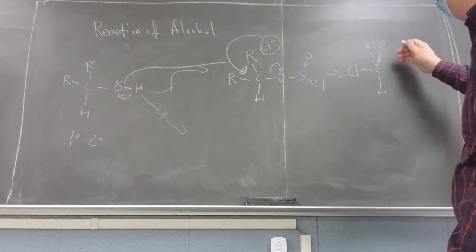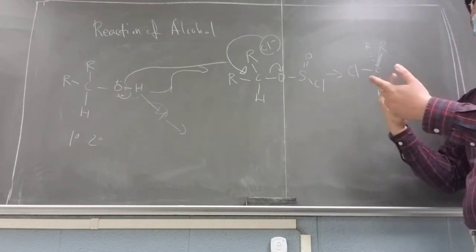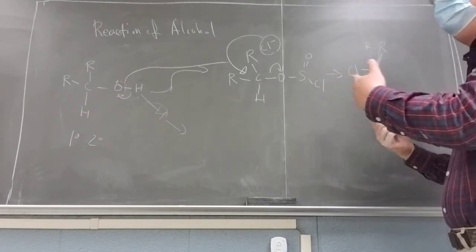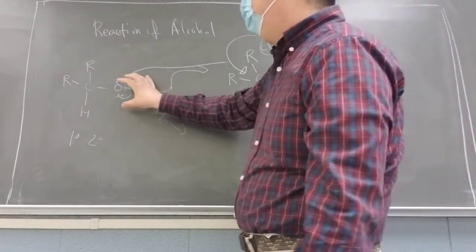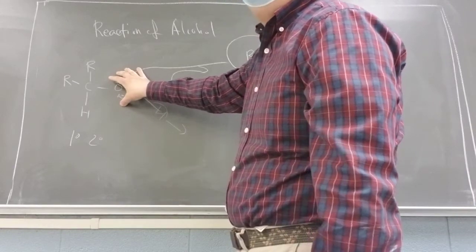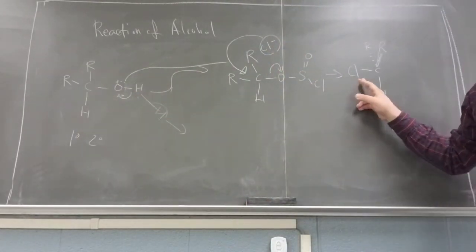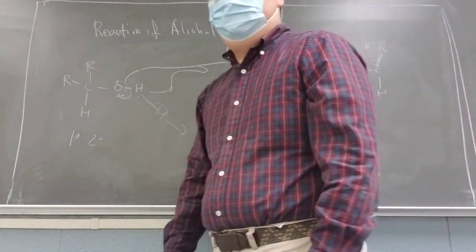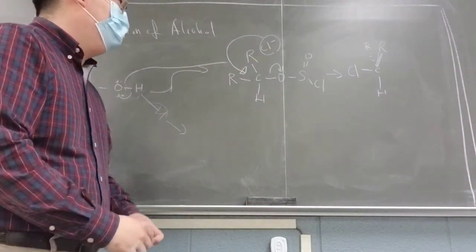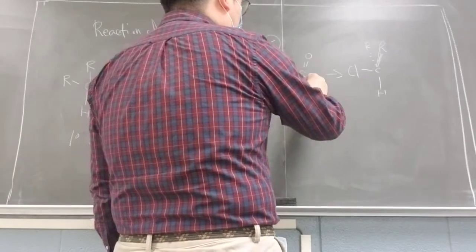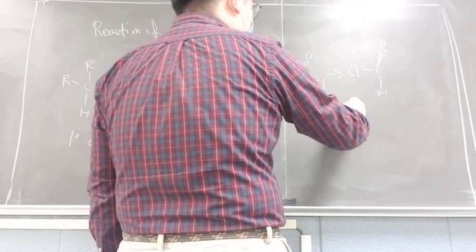So you can have an inversion of the stereochemistry, because once you have the hydroxy group on the right side, from this point of view, your chlorine goes on to the back.